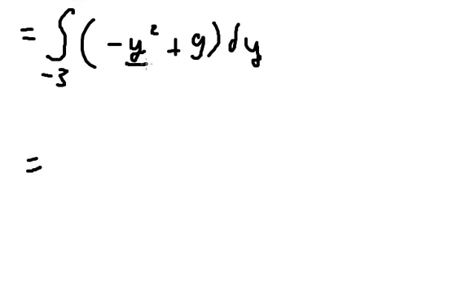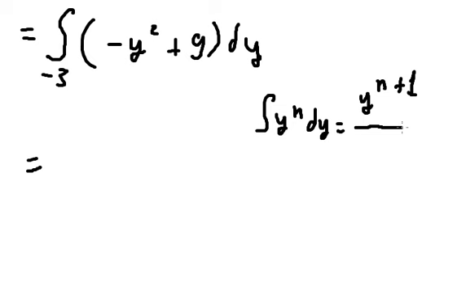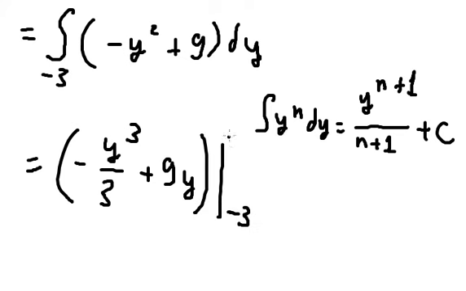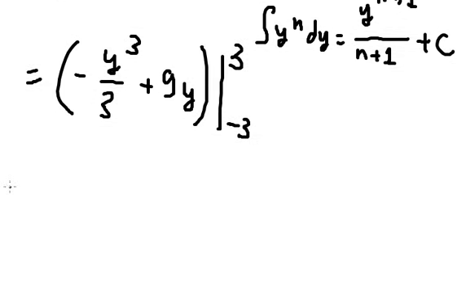The integration of y squared, we have the formula here. So we have negative y to the power of 3 over 3 plus 9y. And then we put the bounds from negative 3 to positive 3.